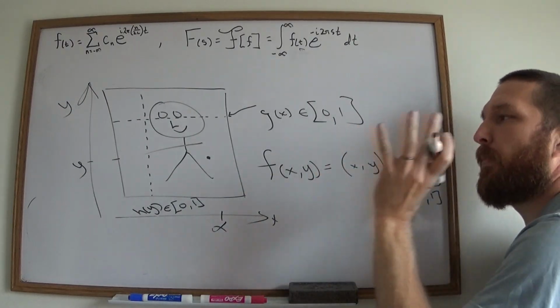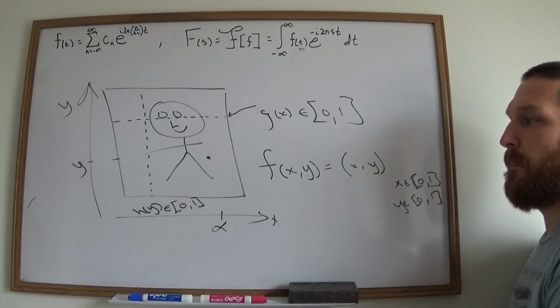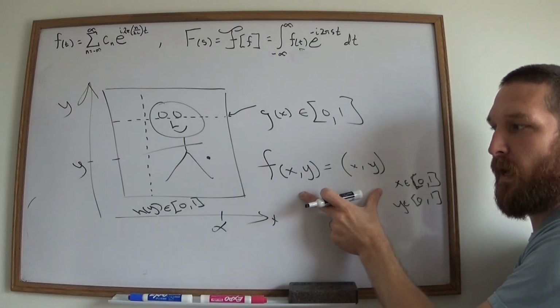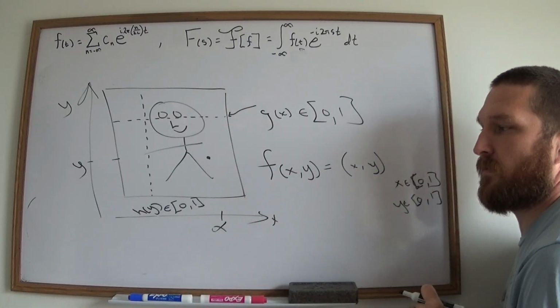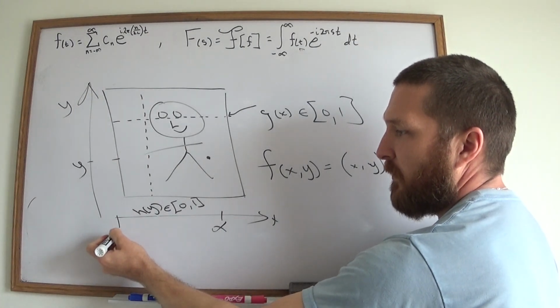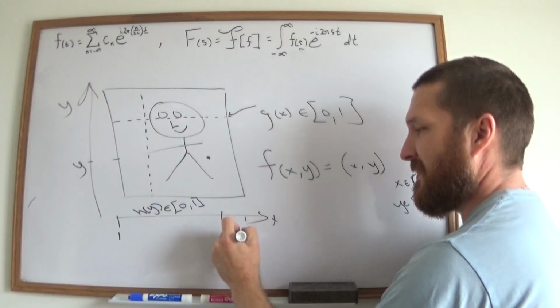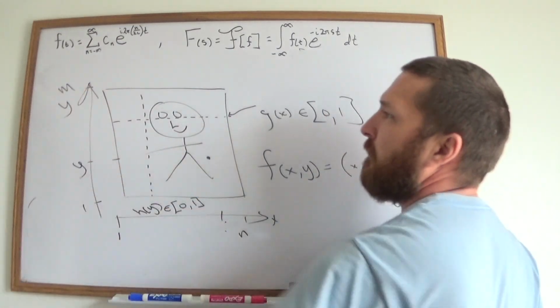This is a perfectly well-defined thing, and it's well-behaved as well. It is a nice function as far as the Fourier transform is concerned. It's also finite. You have a finite number of pixels. You go from your first pixel up to your nth pixel.